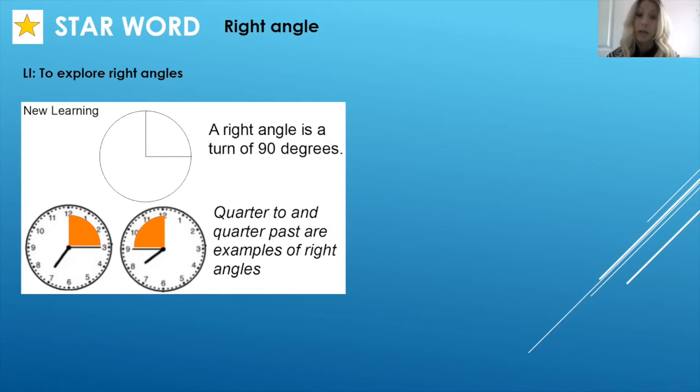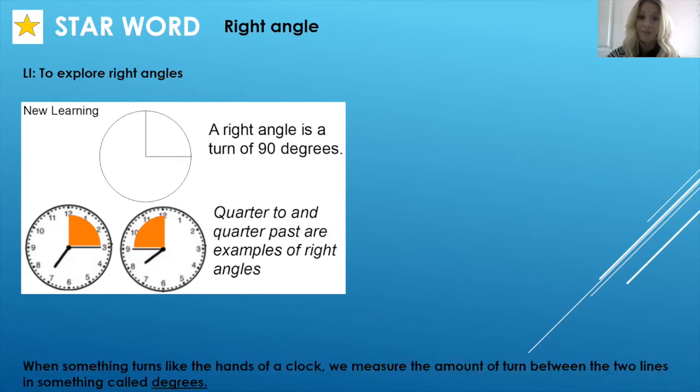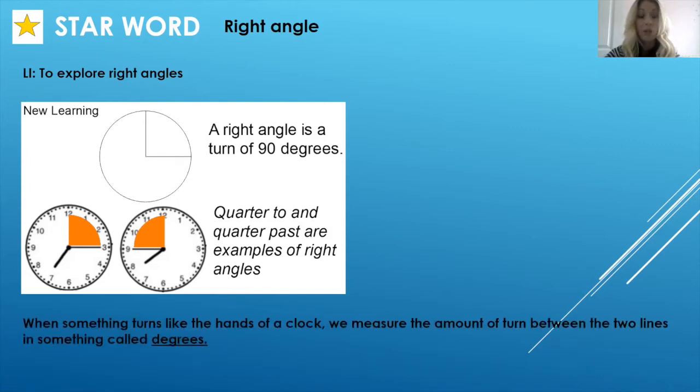So let's think about a clock. If we've got the big hand pointing at the top and the smaller hand pointing underneath, we've created our own right angle. So quarter past and quarter to are examples of right angles. And we call this 90 degrees.